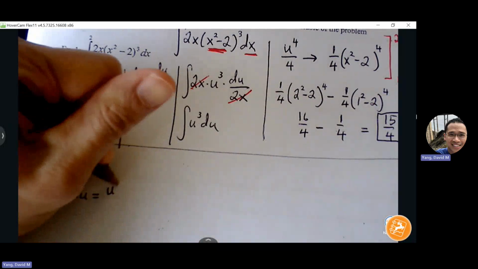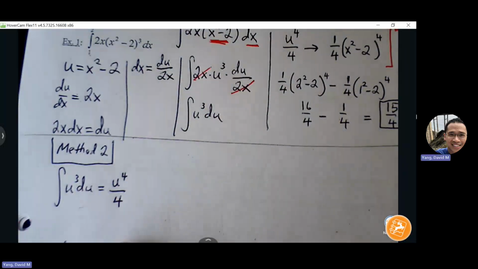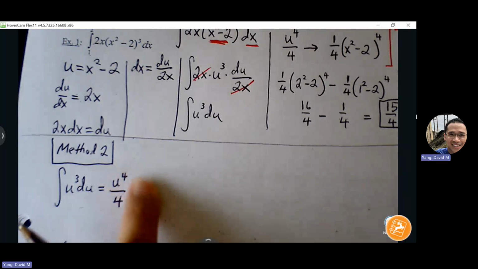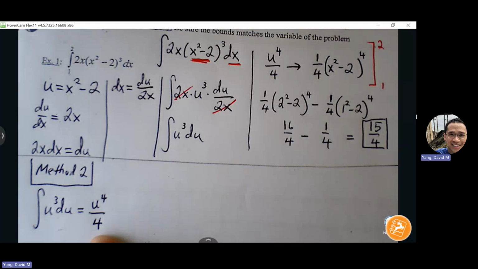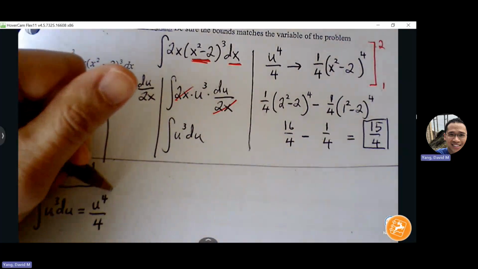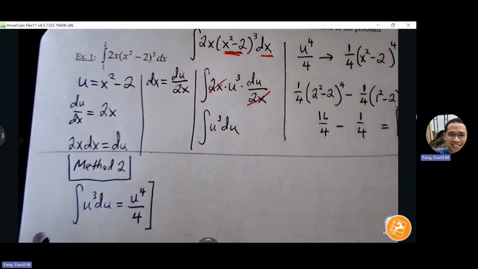So this is where the path is going to diverge. We're actually going to stop here and then evaluate the bounds at this stage rather than bringing this in terms of x. But what is wrong with using 1 and 2 at this stage?